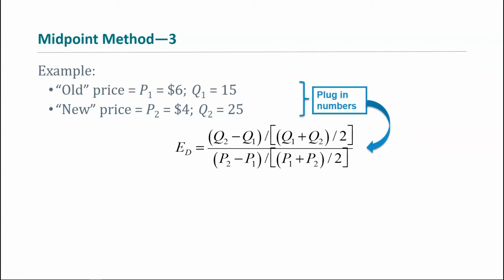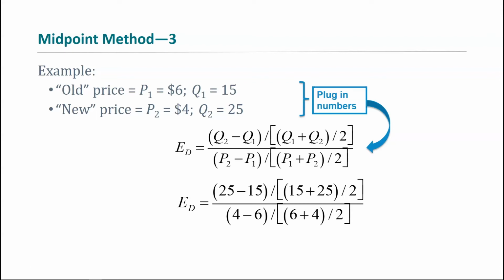Okay, so if you plugged in the numbers, you would get this, right? You plugged in old quantity, new quantity, divided by new quantity plus old quantity divided by 2. Old price, new price, divided by new price plus old price divided by 2.